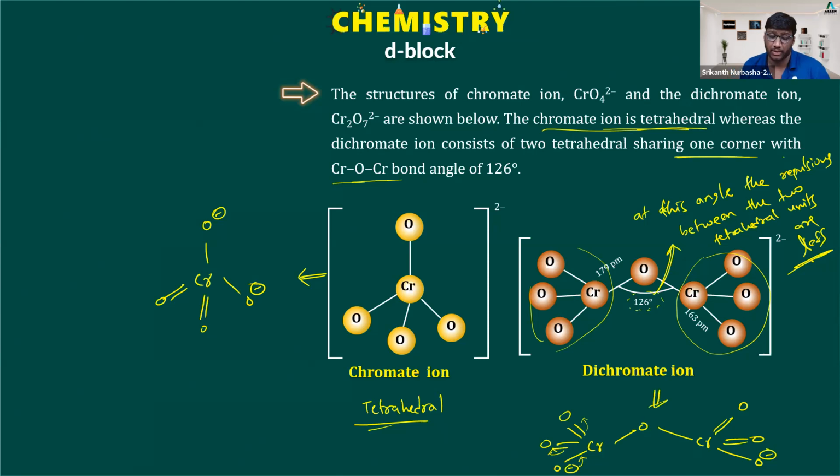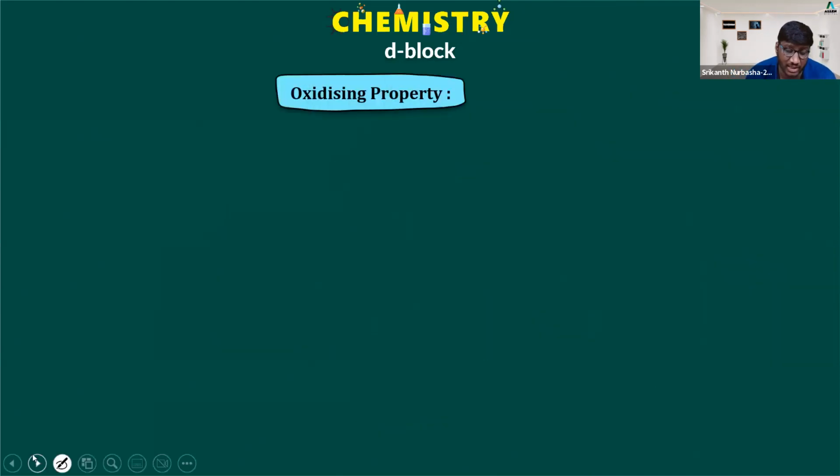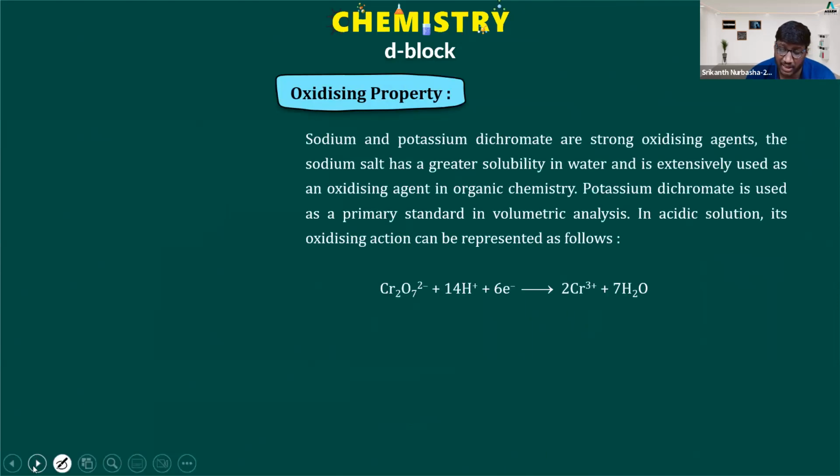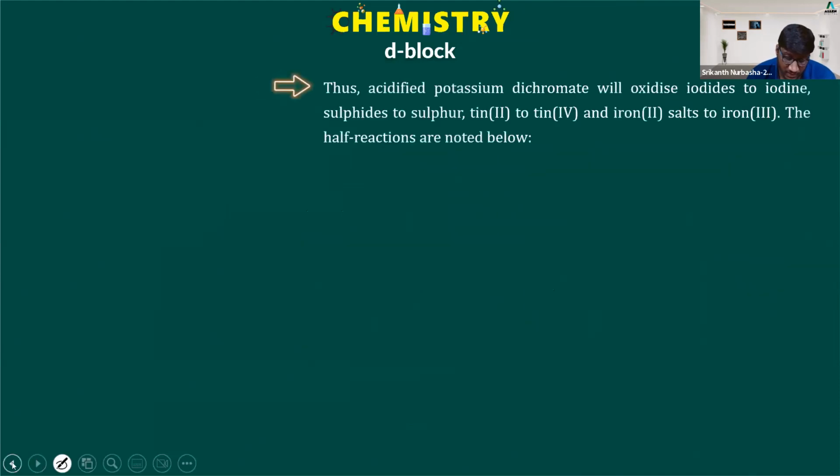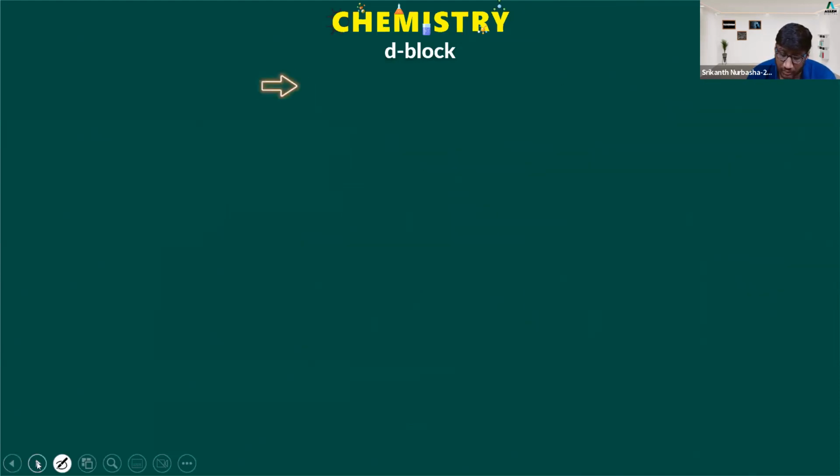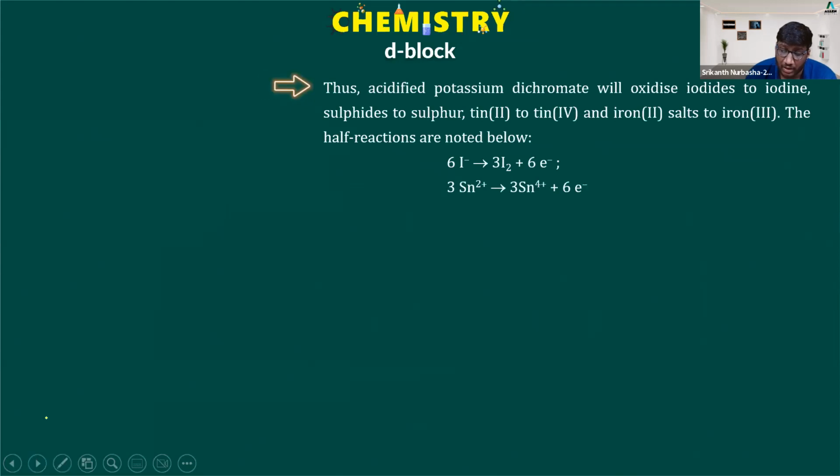Yes, very good. So these are the structures of chromate and dichromate. Dichromate is a very strong oxidizing agent and it can oxidize I minus. If you look at the reactions, acidified potassium dichromate will oxidize iodides to iodine, tin 2+ to tin 4+, iron 2+ to iron 3+, and the half reactions you can note down like this.